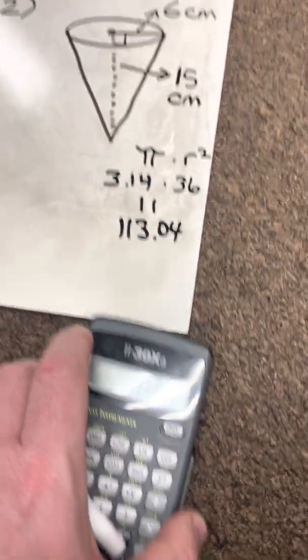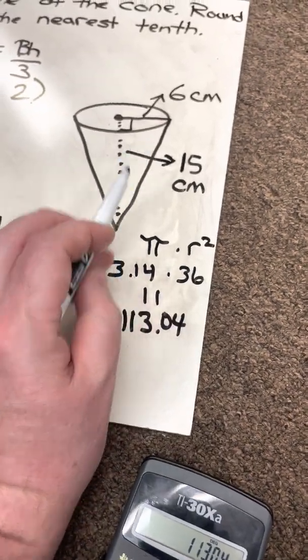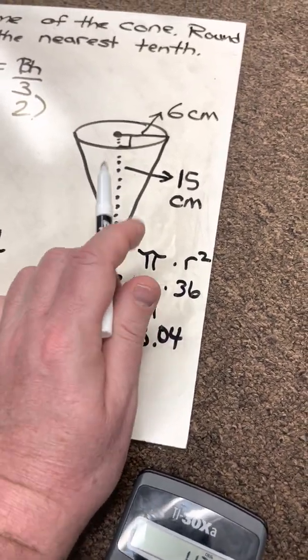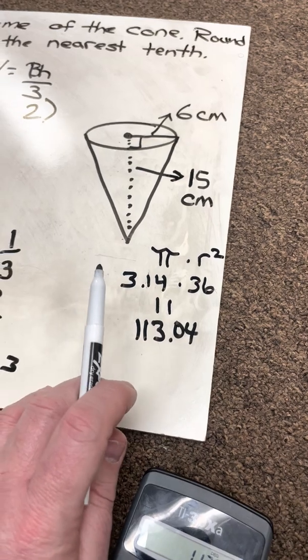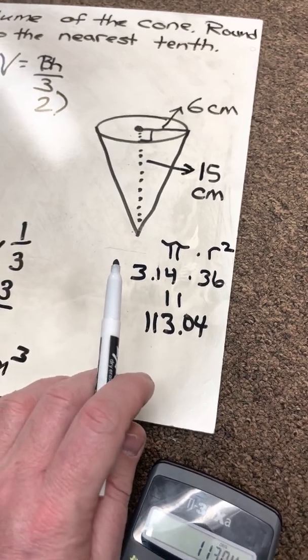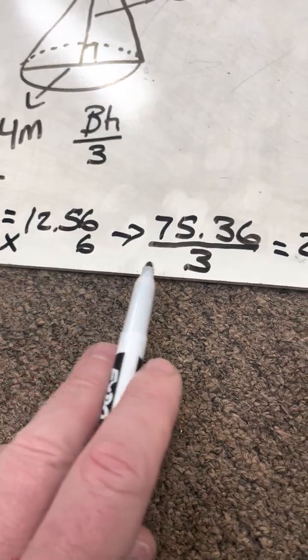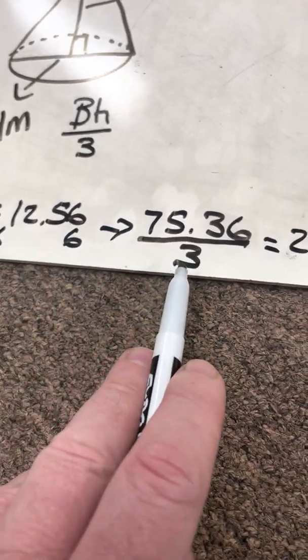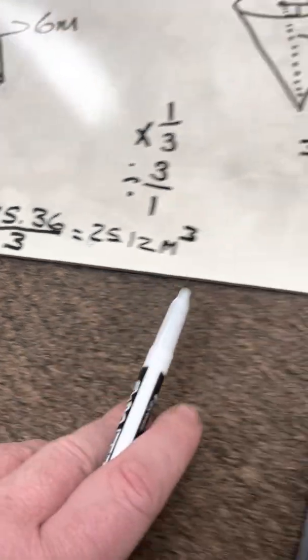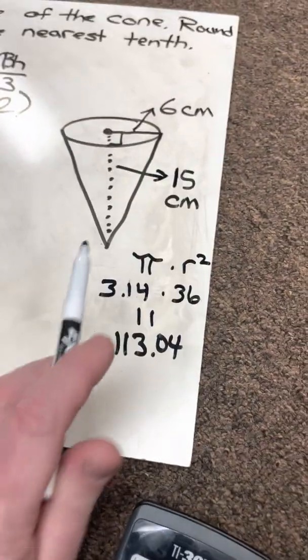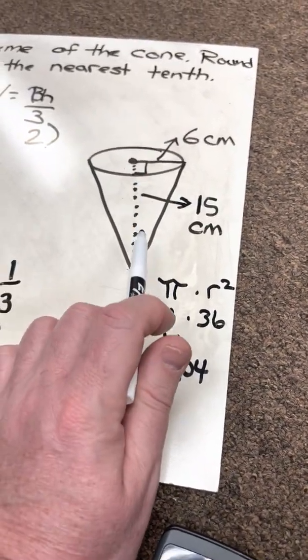Then we have to take that times the height, which is 15. Now, let me show you another trick. The first time, we did it all the way through. We multiplied that by 6, got 75.36, divided that by 3, got 25.12. Now, my height is 15.